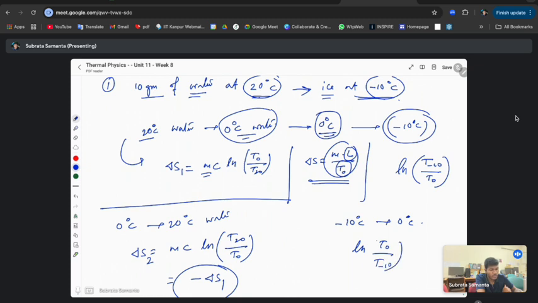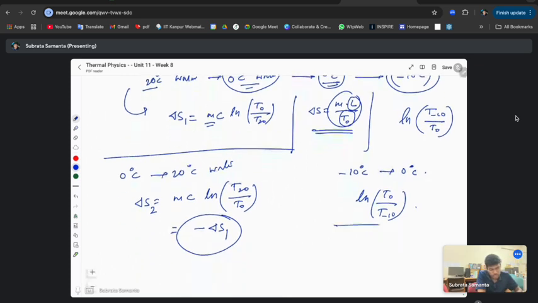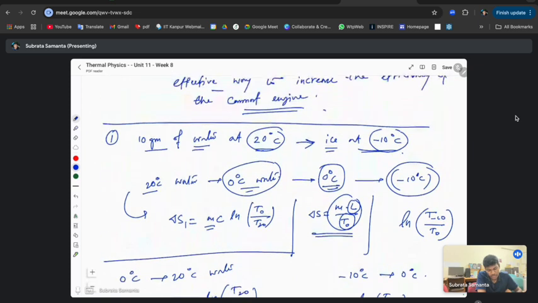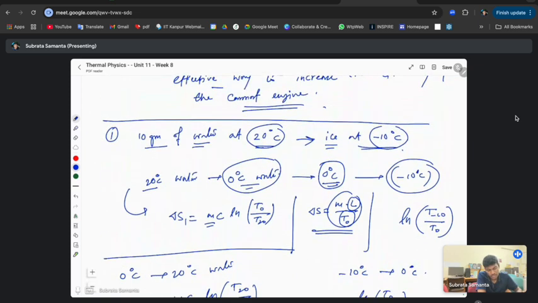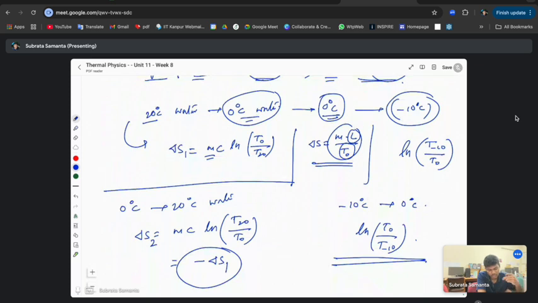The same way. So there is just a minus sign, and this minus sign takes care of how to use your T20, T minus 10 and T naught.